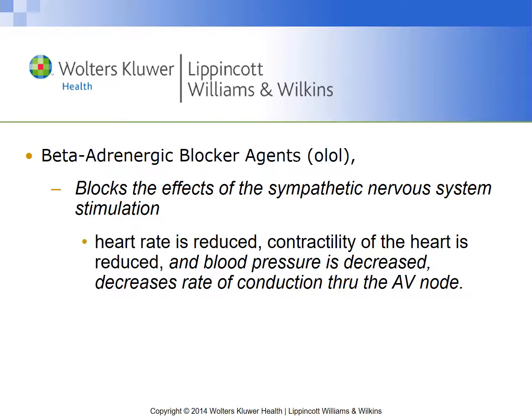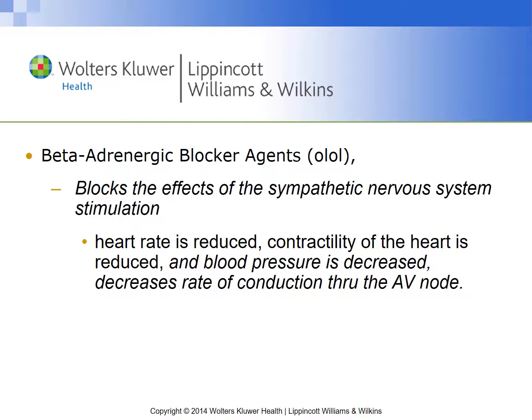And by blocking that stimulation, the heart rate is reduced, the contractility of the heart is reduced, oxygen consumption is decreased as well, and the blood pressure is decreased, as well as the decreased rate of conduction through the AV node. And we'll see these drugs again when we talk about the antihypertensive drugs.